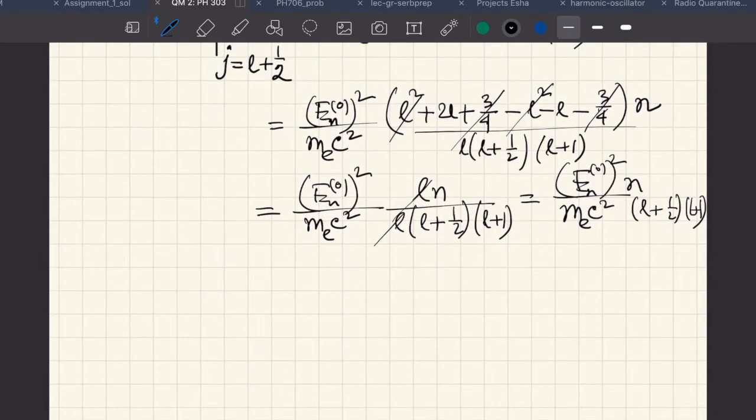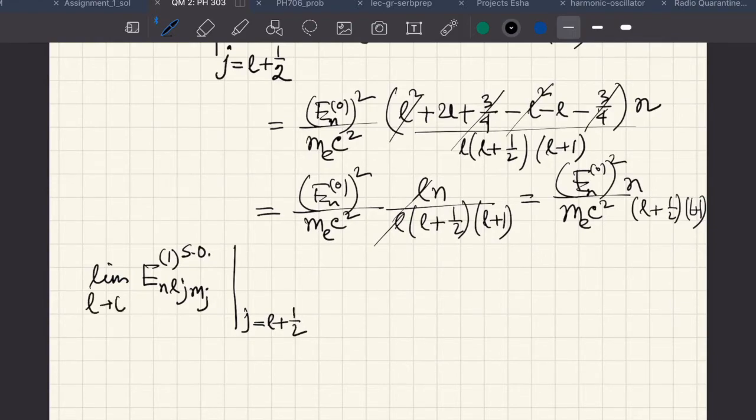So now if you take the limit of E_nljm_j spin-orbit with j equal to l plus half, and you take the limit l tending to 0, this will become En0 whole squared divided by m_e c squared, and then you see that this l vanishes here, l vanishes from the second term also, so what remains is half in the denominator, so that gives you 2 times n.